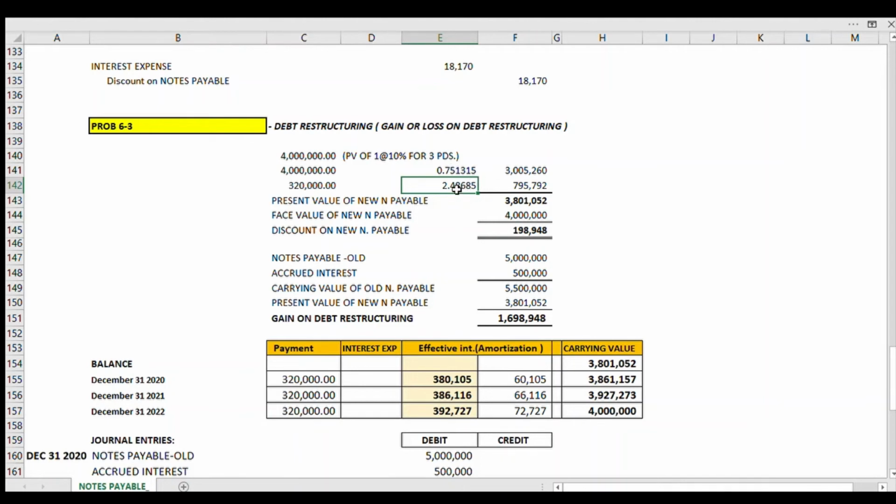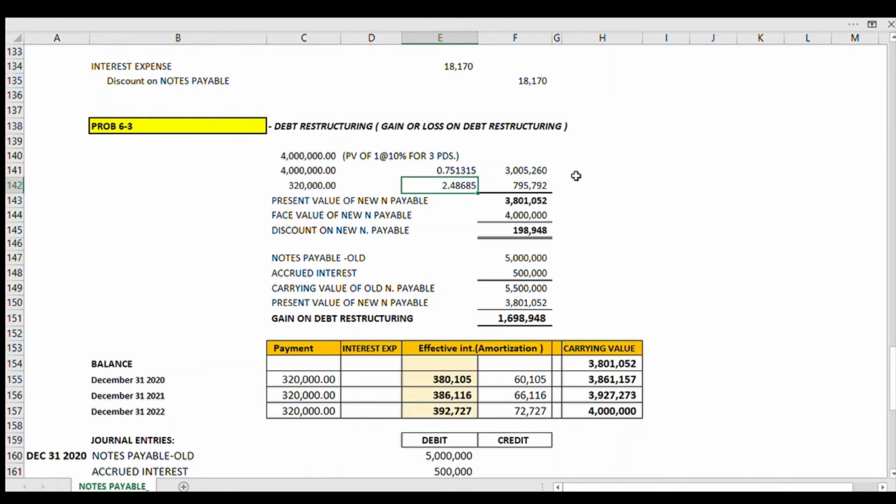Ang old rate naman natin ay 10%, yung effective rate of interest. Itong 2.48685 ay based sa 10%.